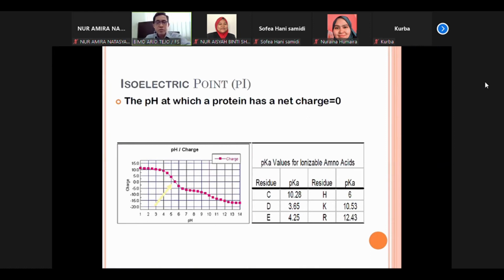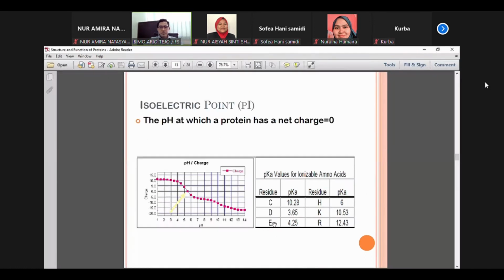Before I continue with isoelectric point, I will show you something. You remember in my introduction, Peter Agre? Peter Agre is the one who discovered the water channel. Remember I showed you the video of how water migrates inside the channel.